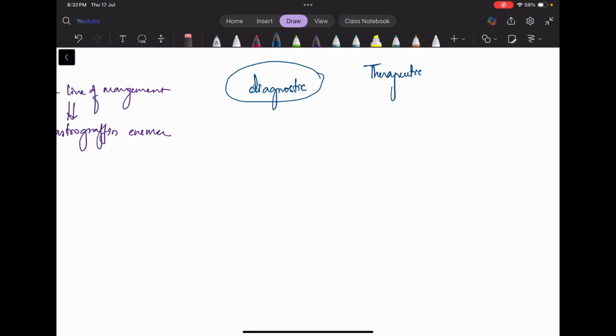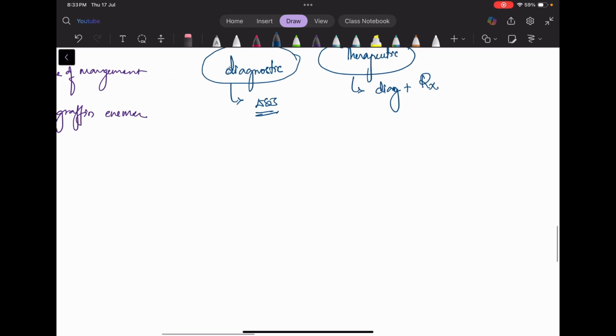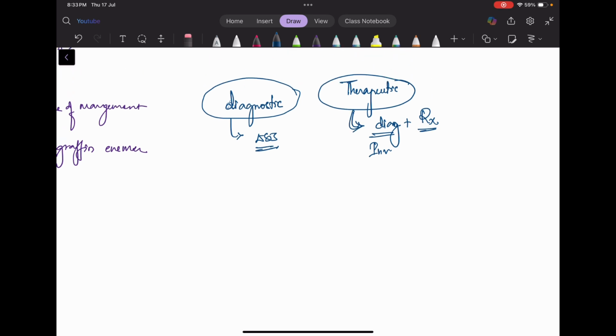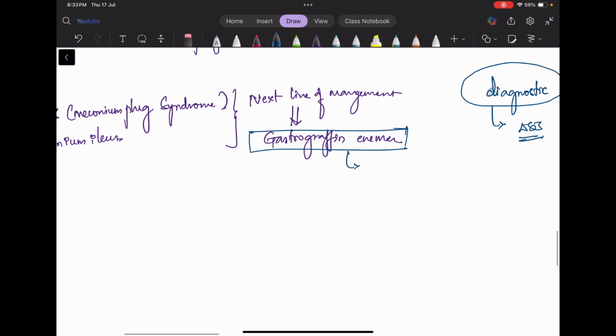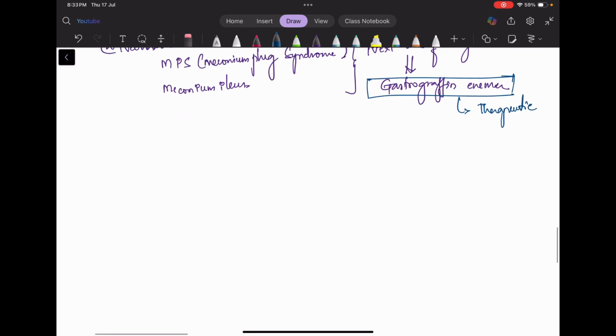We call it diagnostic when we use it just for diagnosing a condition, like investigations. Therapeutic includes both diagnostic plus treatment, where diagnostic is nothing but an investigation, and by undergoing that procedure, the patient will be treated. I hope that is clear, right? This is basics. So this gastrografin enema acts as therapeutic, not only diagnostic. It treats the symptom which the baby is facing.